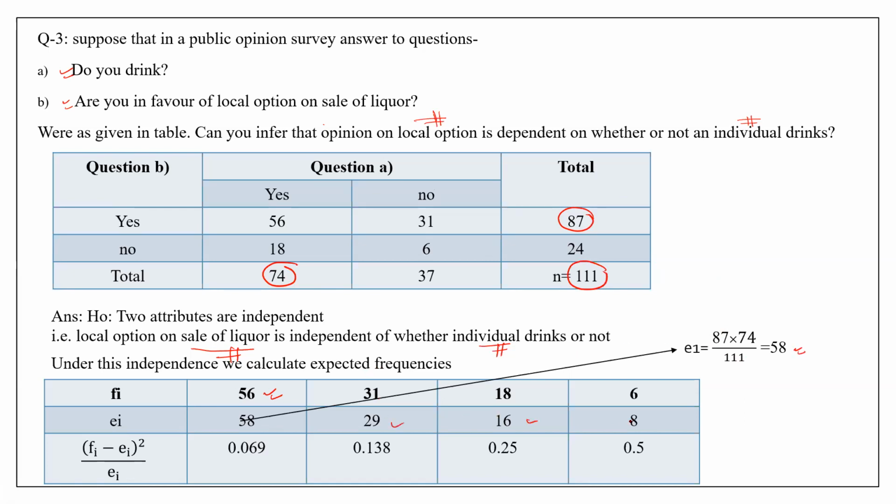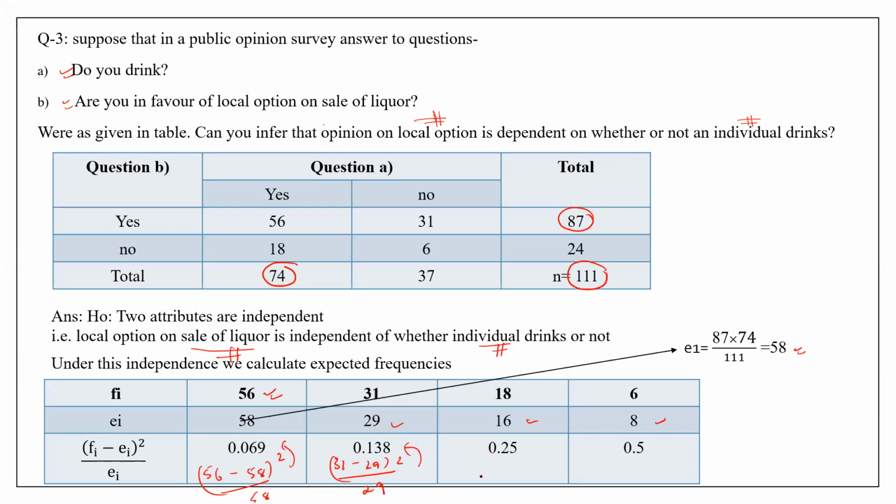So like that I have calculated all the expected frequencies and their corresponding (Fi minus Ei) whole square by Ei. This value will be again (56 minus 58) whole square by 58, as you have seen previously. If you calculate, you will get 0.069. This will be (31 minus 29) whole square divided by 29.